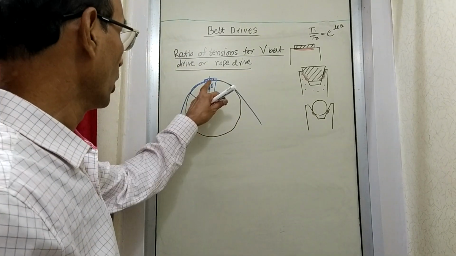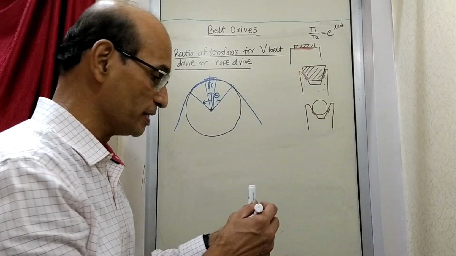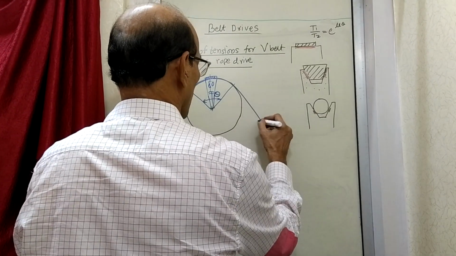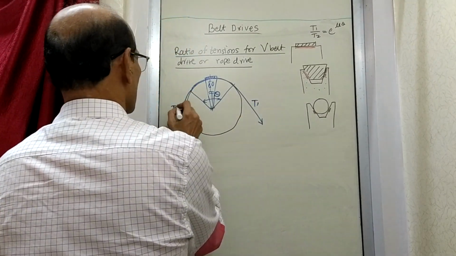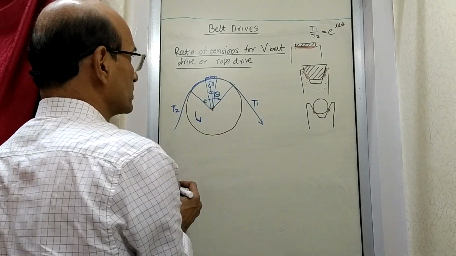So we are taking a small portion just like last time, but then here the belt is a V belt, so some difference will be there. So let us see what is the difference. I'll draw the figure first. T1 and T2 is here. The direction of rotation is like this.